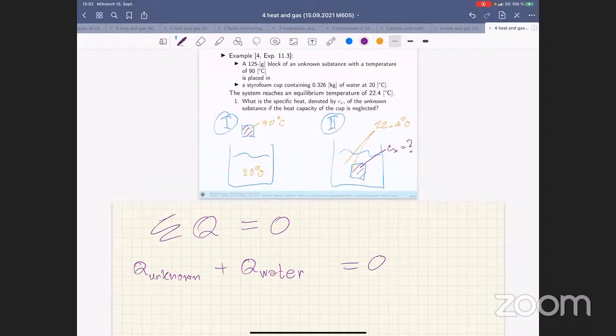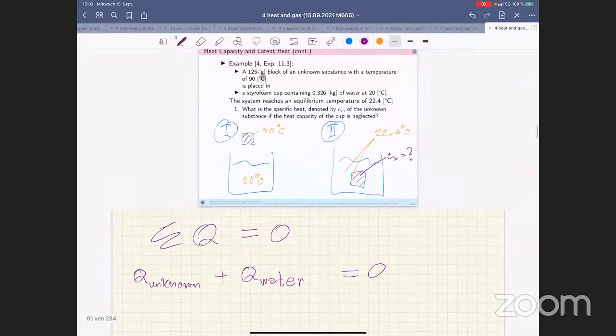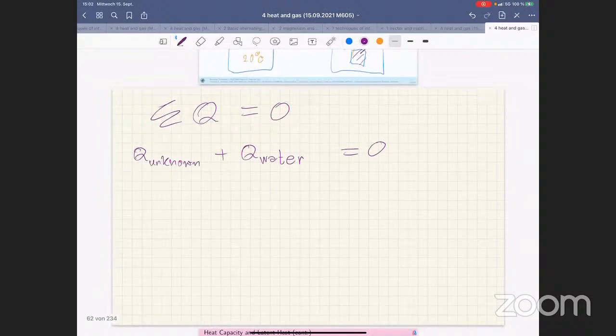Q unknown will be the mass of the unknown substance, m_x, times c_x, which is what we would like to know, times delta T_x, plus m_H2O times c_H2O times delta T_H2O, equals 0.